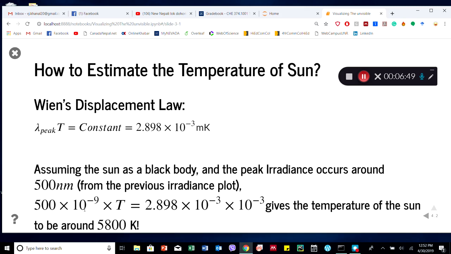That means in SI units, 500 times 10 to the minus 9 times temperature is the same constant, right? And this actually turns out to be 5800 K for temperature, and that corresponds to a very well reported value in literature for solar temperature.